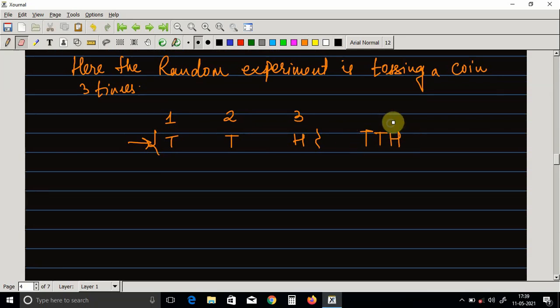On the first toss I got a tail, second a tail, and on the third toss I got head. I want to count the total possible outcomes like this, but I cannot keep writing all the possible combinations of T and H. So let's have a tree diagram to write all the possible outcomes.